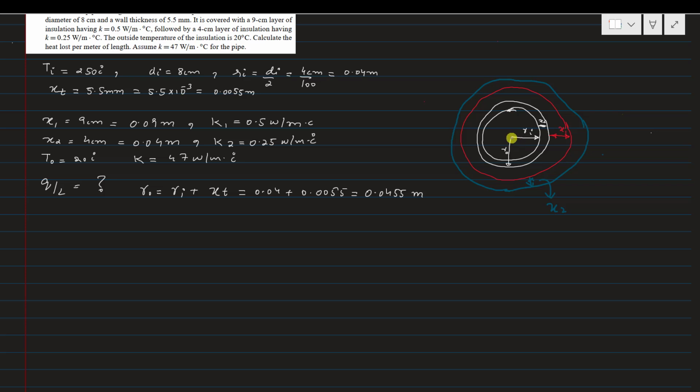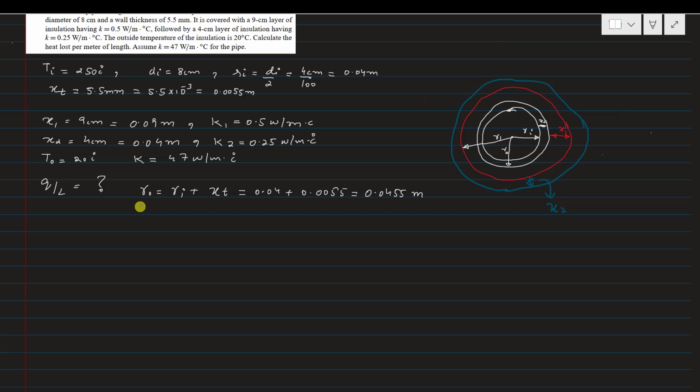Now we are interested in finding the radius of the first insulation. This is R1. It will be equal to the sum of R0 and this thickness, x1.